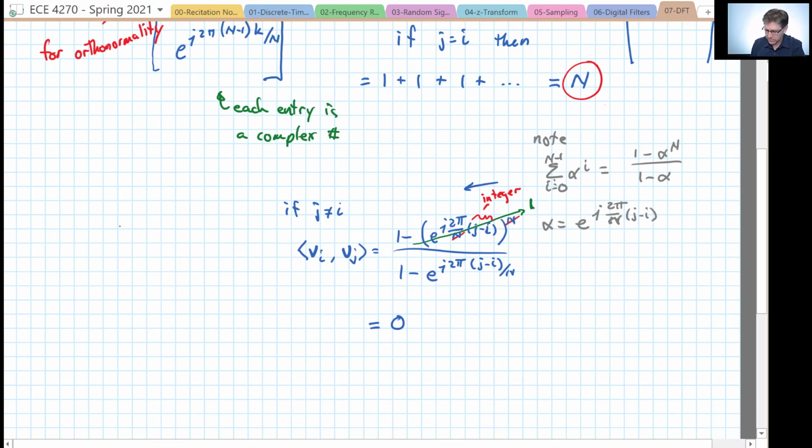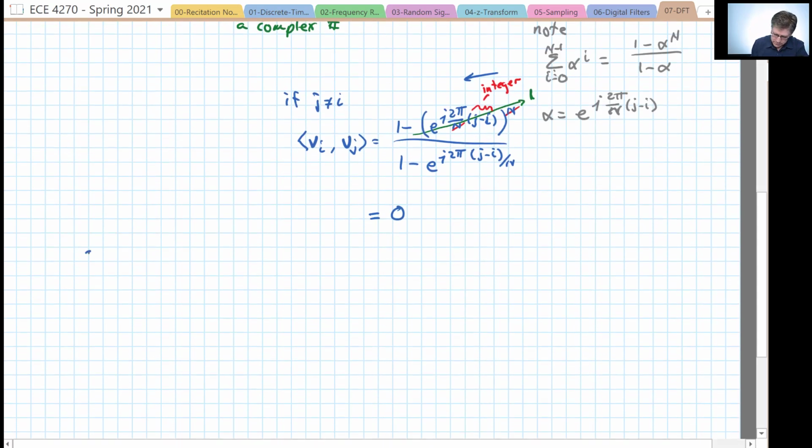So now we've established, finally, that we have an orthogonal set, not orthonormal, but if I is equal to j, we get that. If not, we get 0.